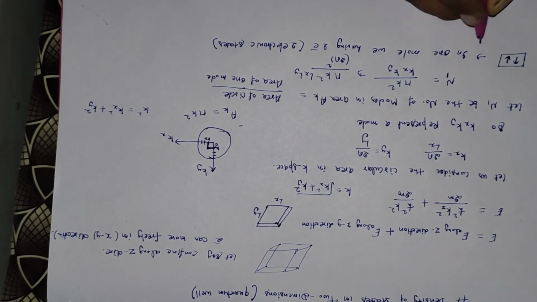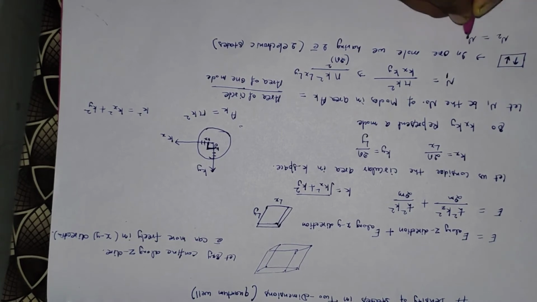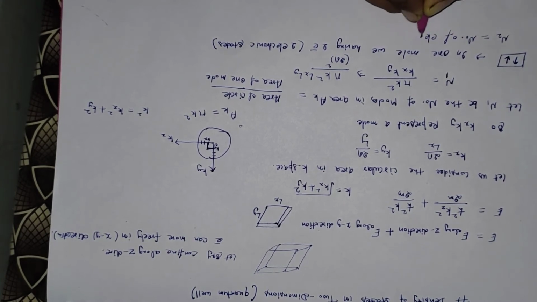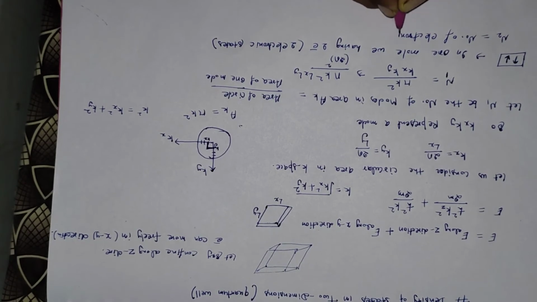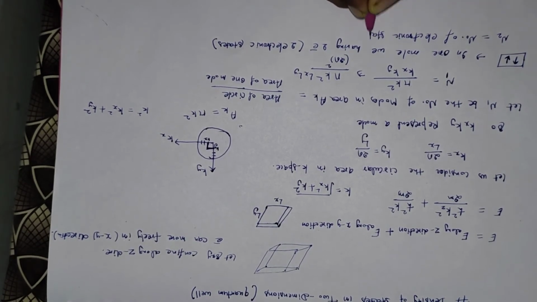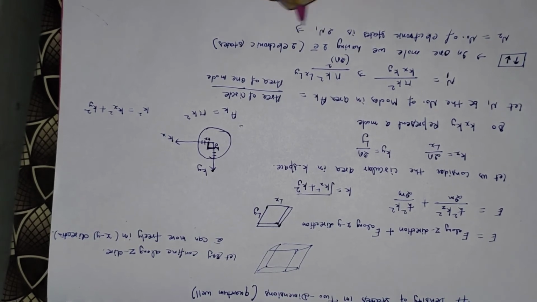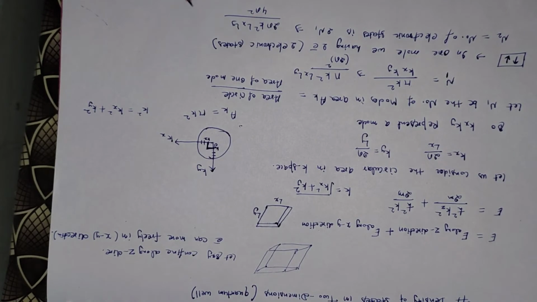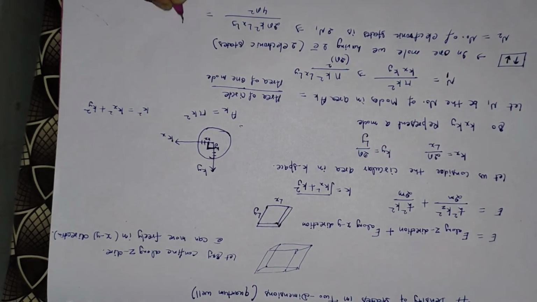So the total number of electronic states N2 is 2 times N1, that is 2πk² Lx Ly over 4π². After solving this, we get k² Lx Ly over 2π.